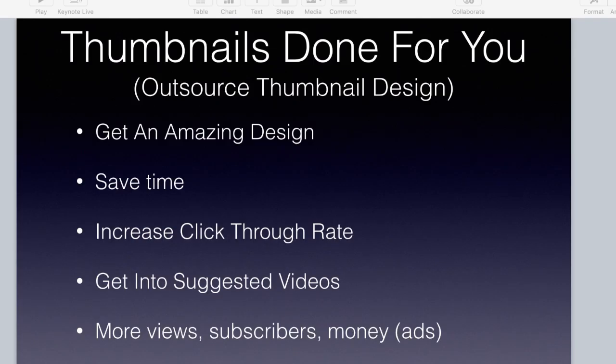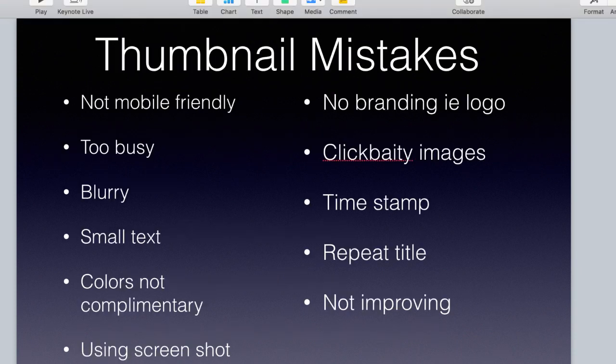Okay, going back to thumbnails done for you, I talked about that. And then I also want to talk about mistakes. A lot of people make thumbnail mistakes, and when I first started creating thumbnails, I made a lot of mistakes. One of the mistakes is that it's not mobile friendly.